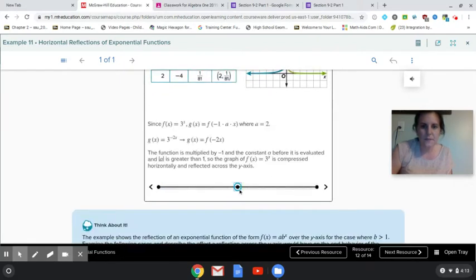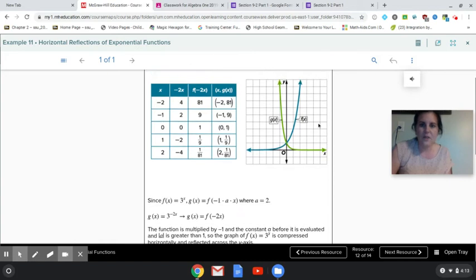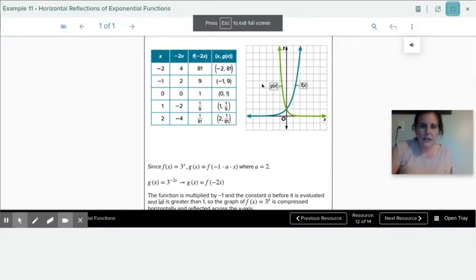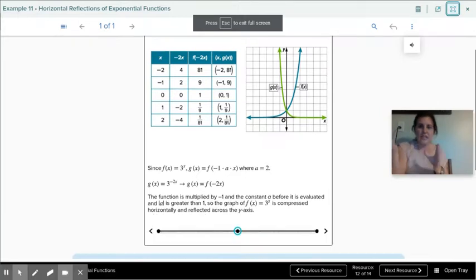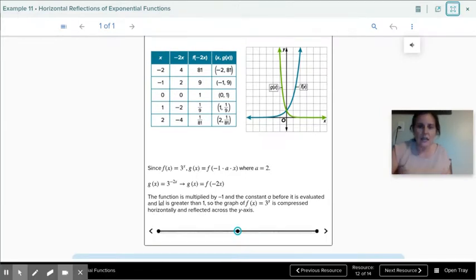There we go. If you look at this, it has flipped. You can see it's flipped across the y-axis this time, and it's closer to the y-axis. So that tells me that it's being stretched vertically.